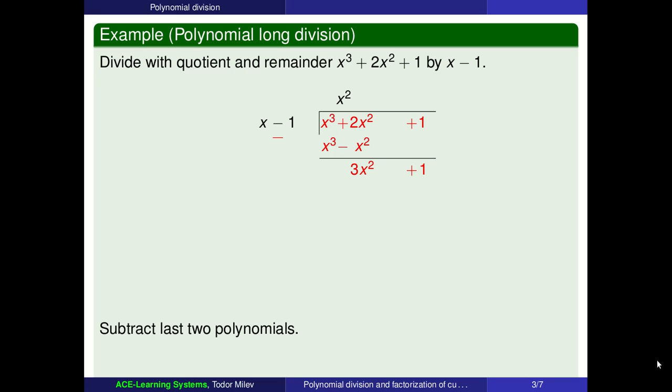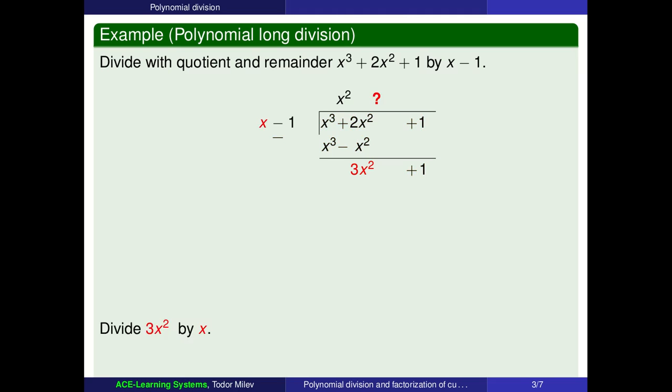Now, the polynomial 3x squared plus 1 that I just obtained, I call the new intermediate dividend. I imagine that this newly obtained polynomial is my new dividend, and I repeat the exact same procedure with 3x squared plus 1 playing the role of the dividend.